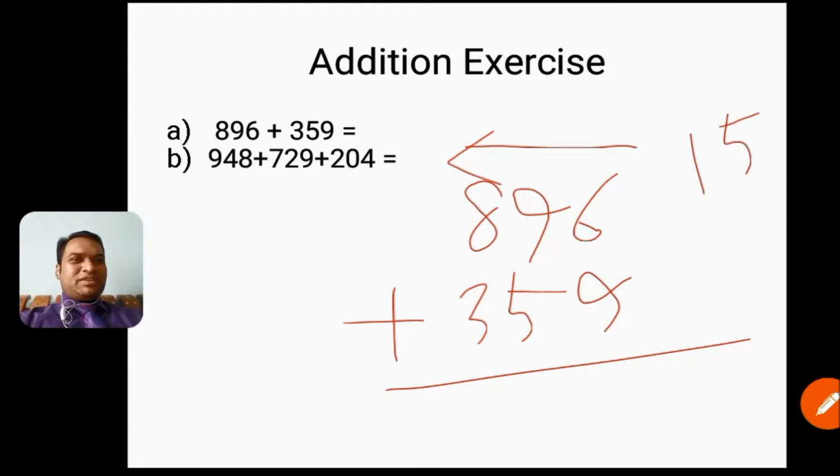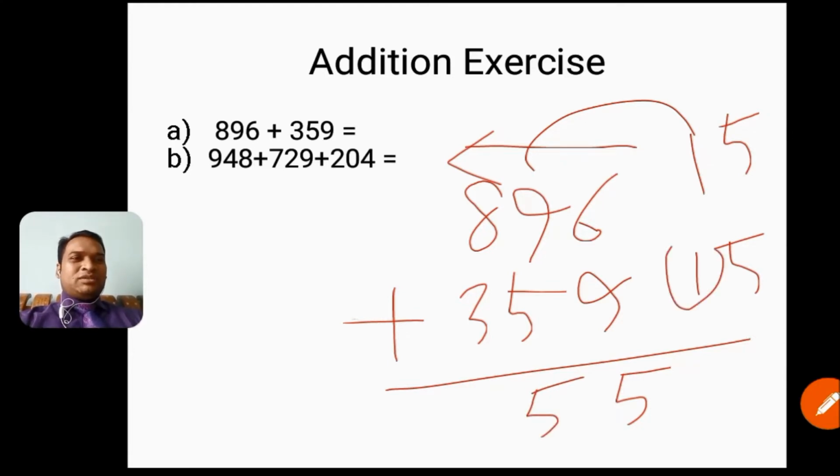From 15 we'll write 5 here and 1 will go here, and this one will add with the next number, 9 and 1 is 10, and 5, again we get 15. So again from 15 we'll write 5 here, and this 1 will go to the next, and add with 8 and 3.